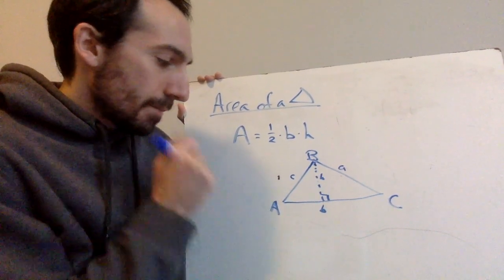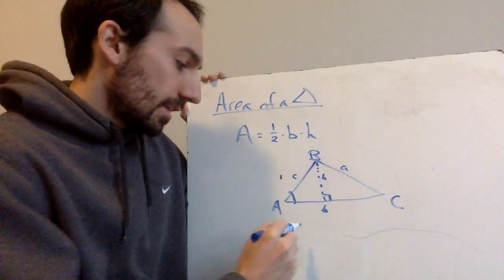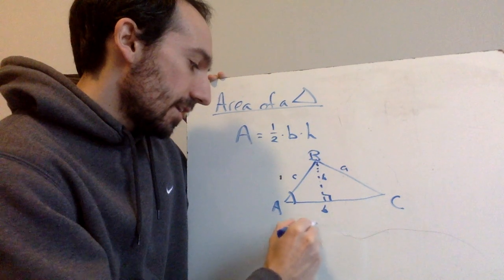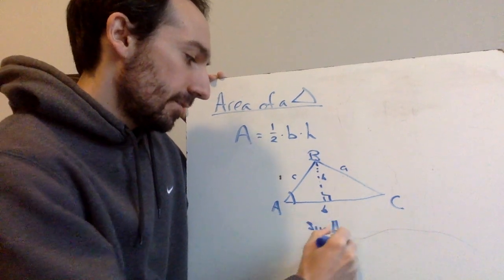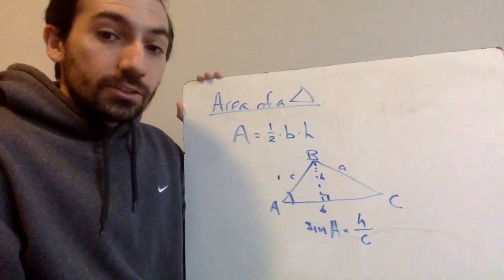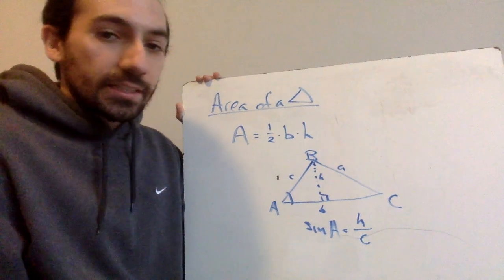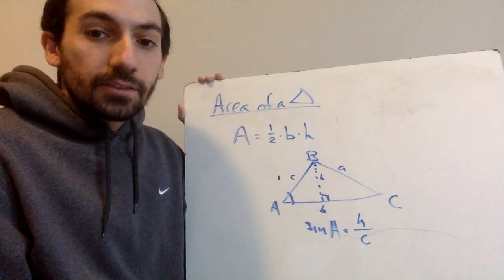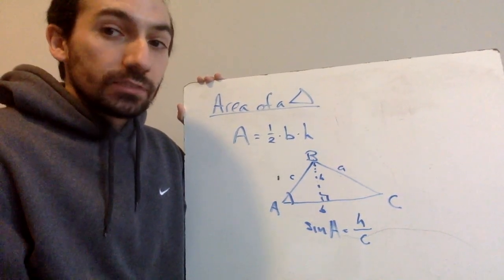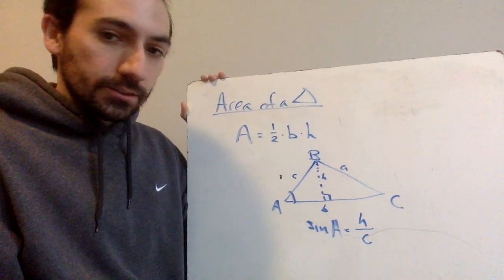So let's see here. If I happen to know this angle, then I know that sine of A is h over c. And this just harkens back to remembering, oh yeah, this is a right triangle that I've formed now, and trig works in right triangles really, really well, even if it doesn't work quite as well in non-right triangles.